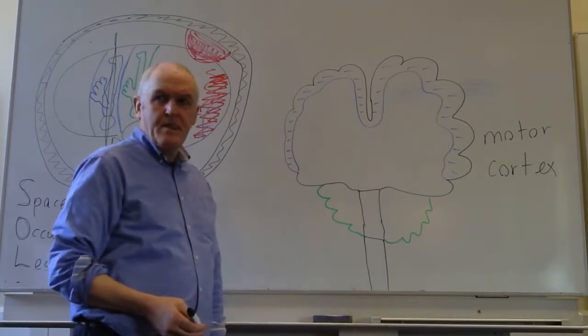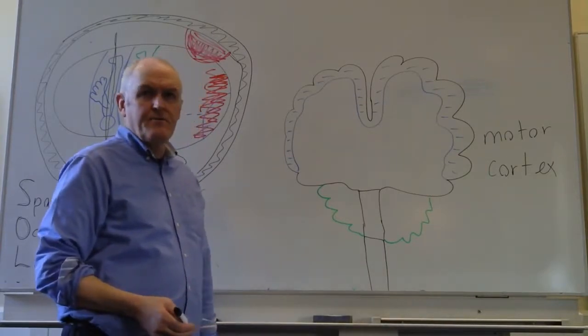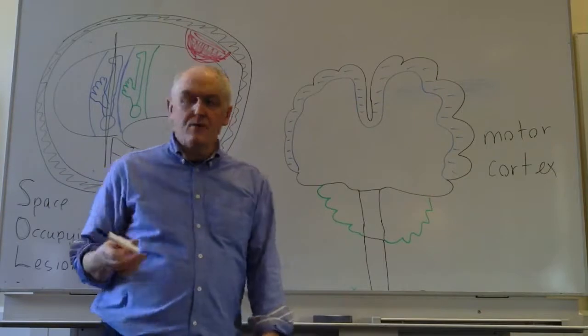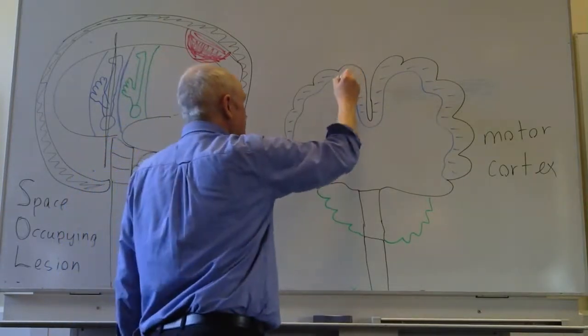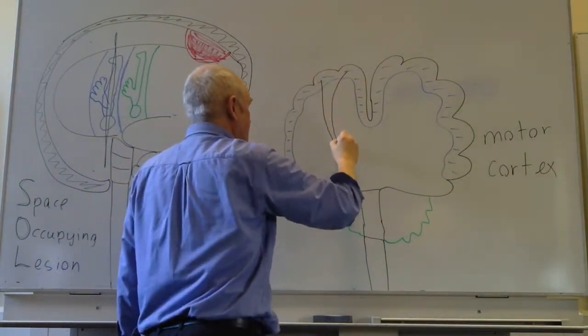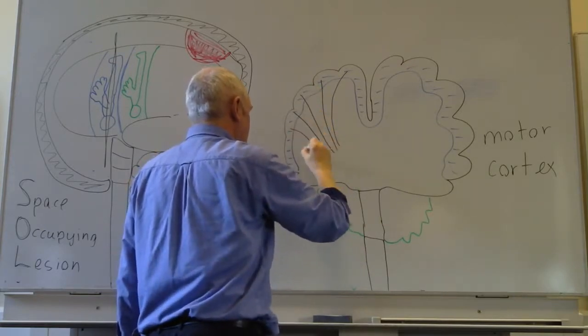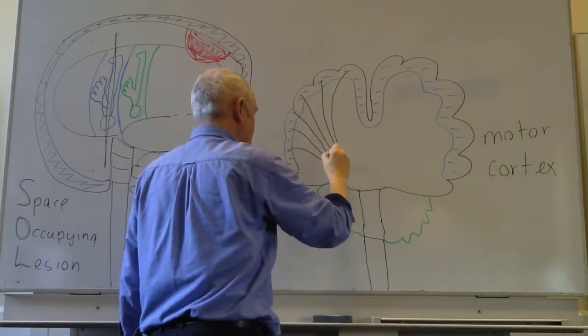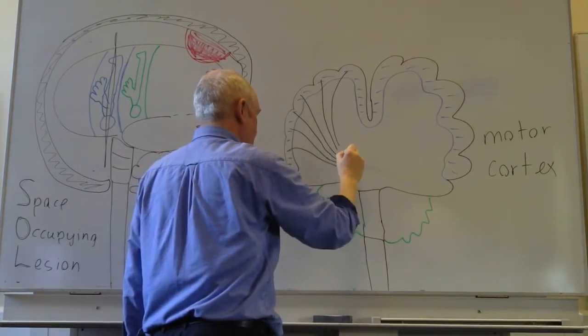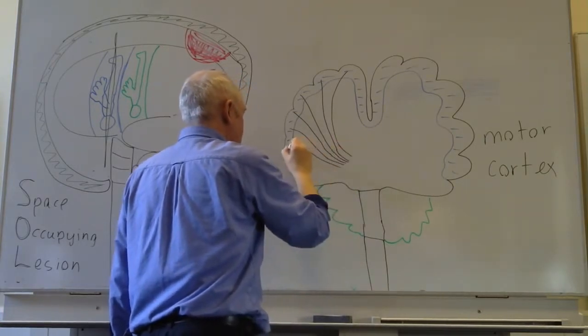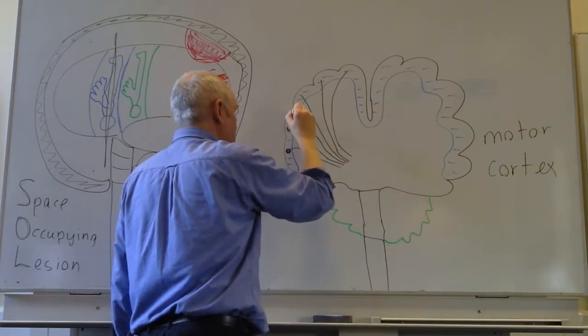Now, nerve fibres come from the right motor cortex here, and they kind of come together down here. So these come from motor neurons up here.